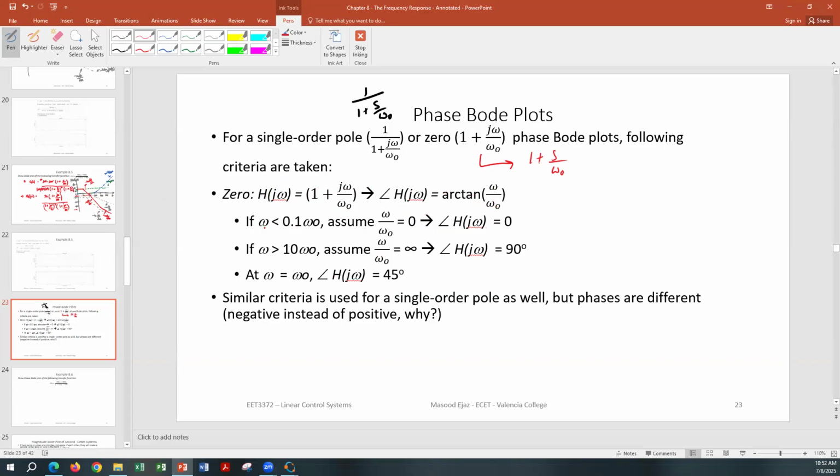The approximation that we are using is if omega is less than 1/10 of omega naught. Let's draw it here. So let's say this is 1/10 of omega naught. This is omega naught, and this is 10 times omega naught.